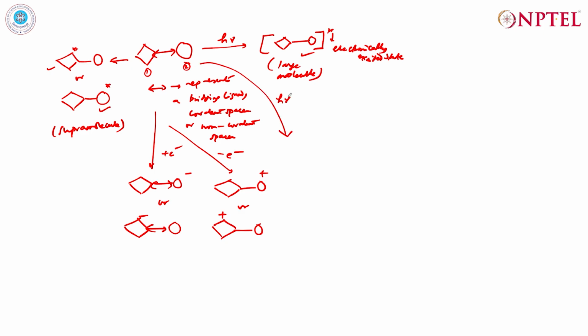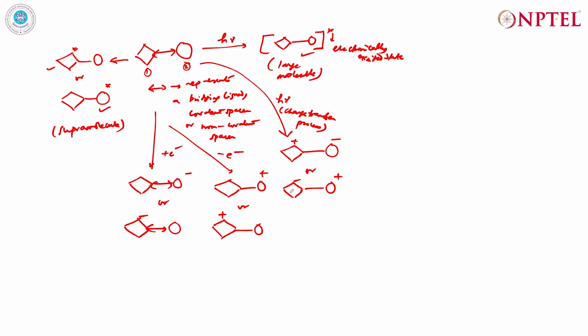And we can also have, on the application of light, a charge transfer process where an electron can be transferred from one side to the other, or we can have these processes.